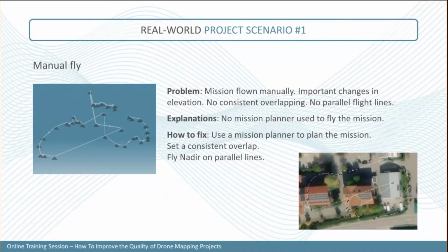The GSD is not constant throughout the project, and the flight lines are not parallel. So I would probably tell these customers either to refly the mission with a good mission planner and parallel flight lines, otherwise it's going to be hard to tie all those images together.